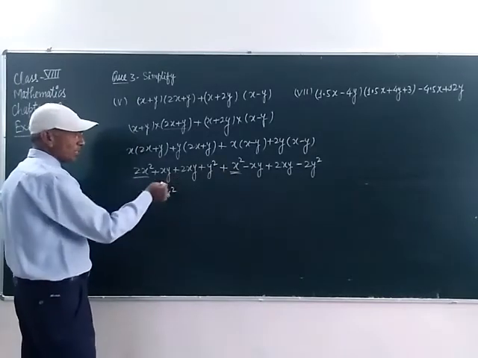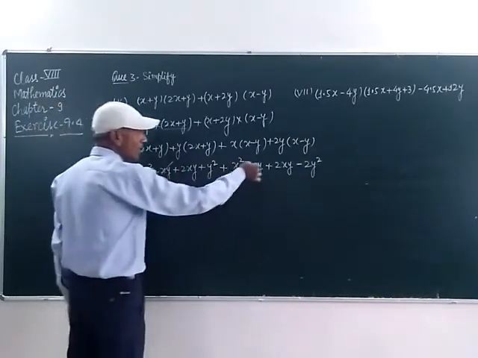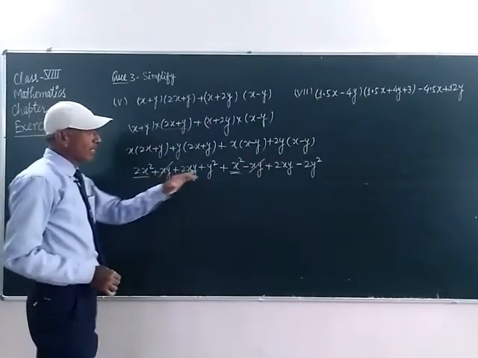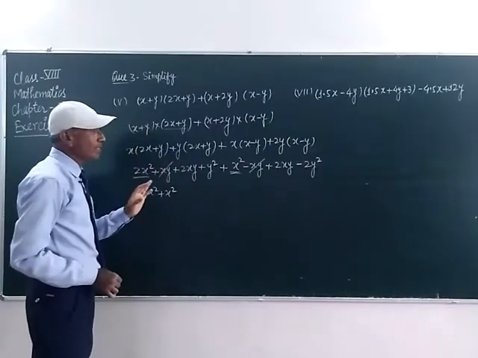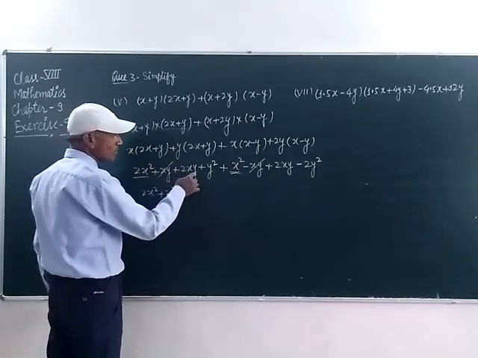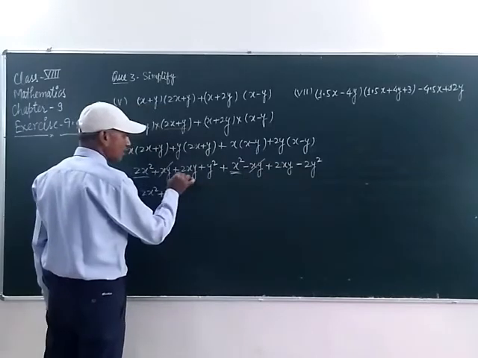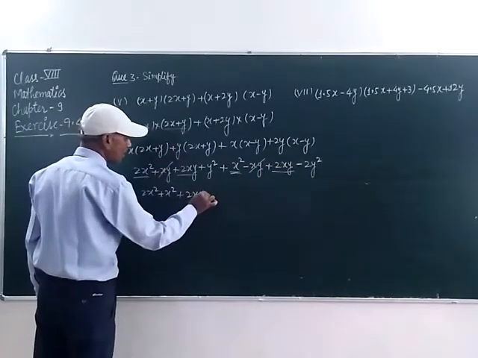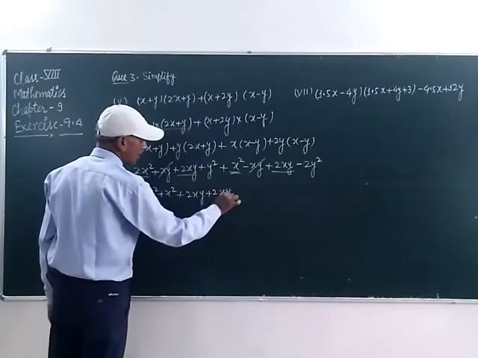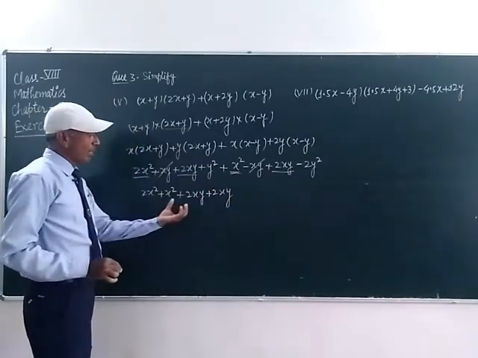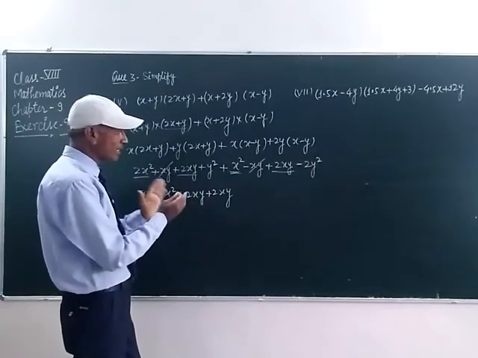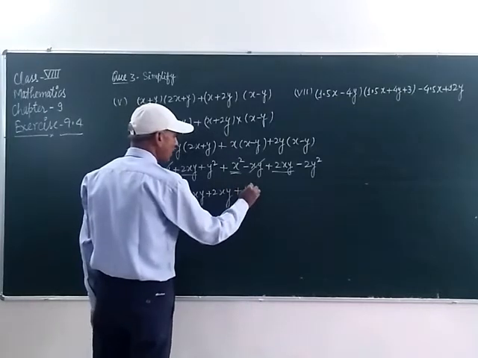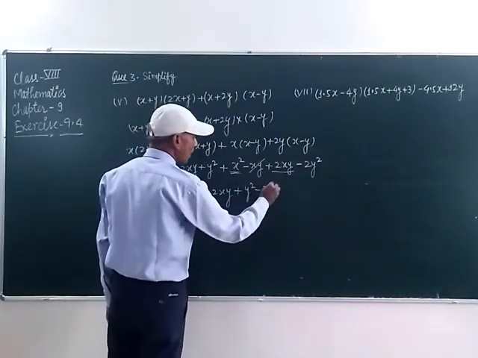So we have to reduce this plus xy with minus xy. This one xy and this is minus xy, it is cancelled. So 2xy plus 2xy, we write here. Like terms are written with each other. Plus this y² minus 2y².